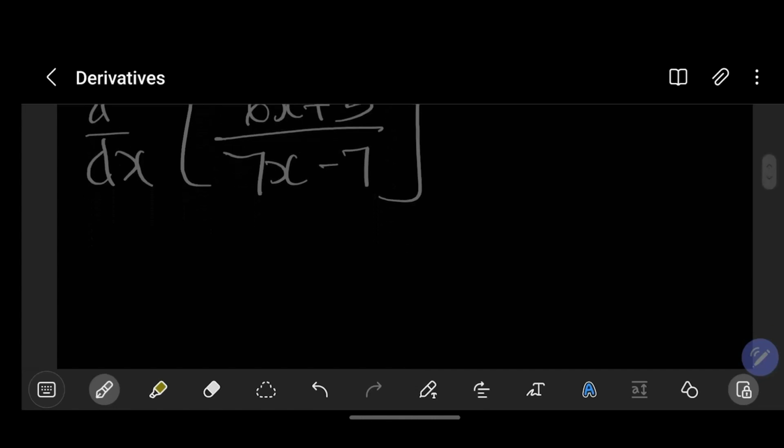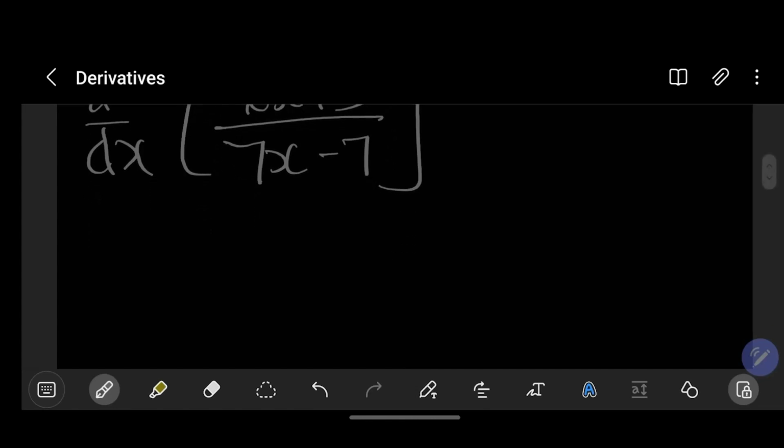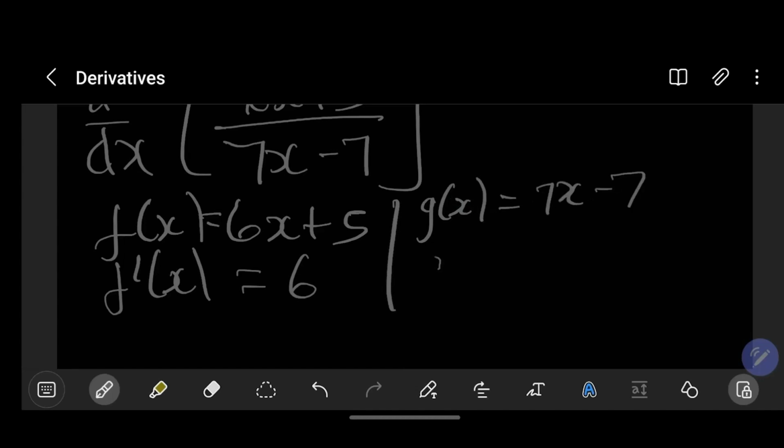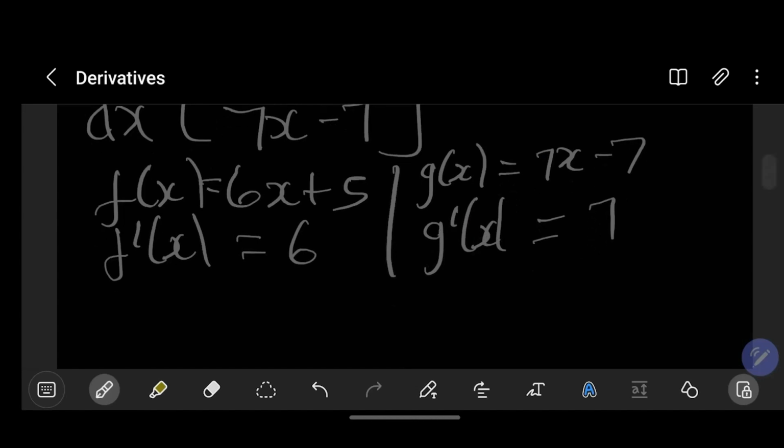So the first step, let's find what f of x is. So we're going to make f of x equal to the numerator, which is equal to 6x plus 5. So f prime of x is equal to 6, and that means g of x is equal to 7x minus 7. So g prime of x is equal to 7.